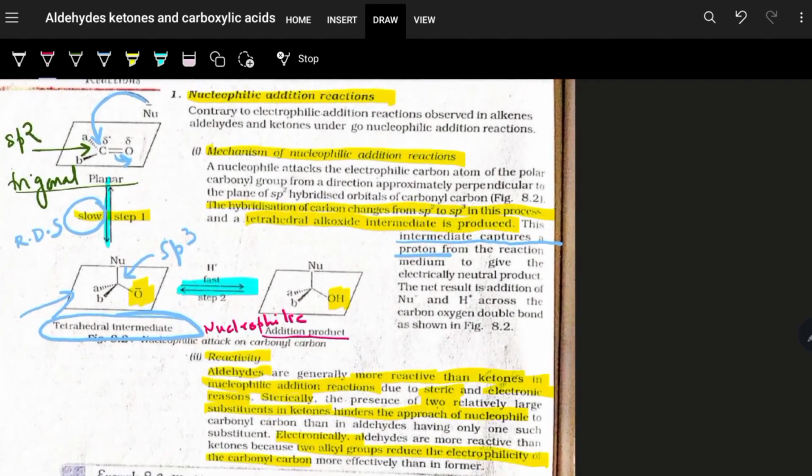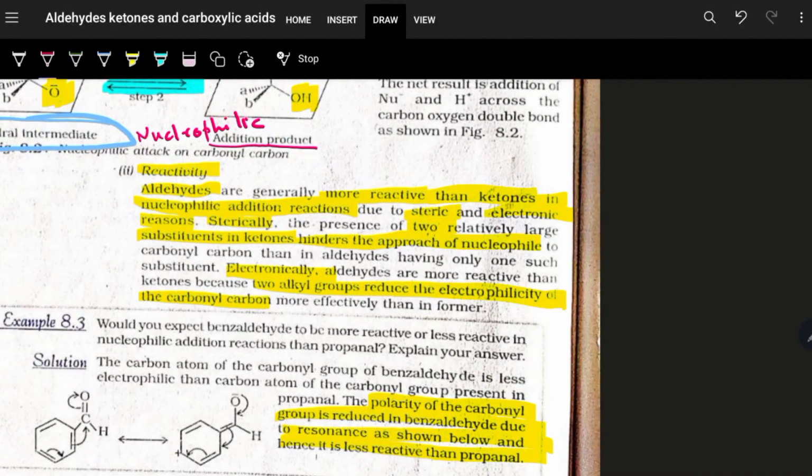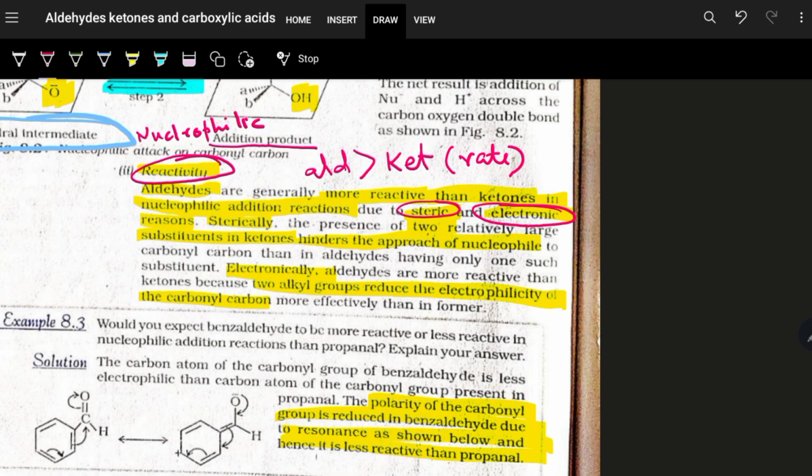So the rate of the reaction, which is what reactivity is talking about, depends on steric factor and electronic factor. Steric hindrance is lesser in aldehydes than ketones, so aldehydes are more reactive than ketones towards nucleophilic addition. Now, aliphatic aldehydes are more reactive than aromatic aldehydes.